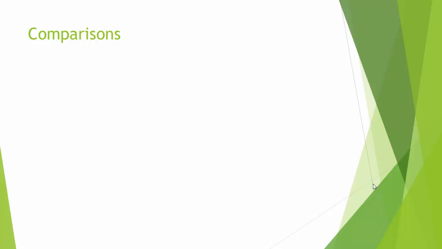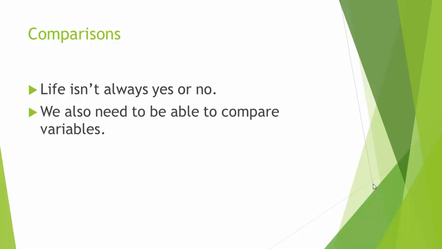Now we can also do things called comparisons. We can compare one thing to another. And this applies to the situation where things aren't always just yes or no. Maybe we're just a little bit sick, for example. Or maybe the robot bumps something, but not hard enough to make it want to stop.